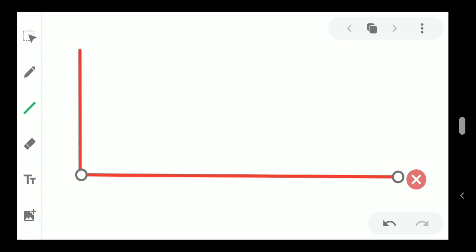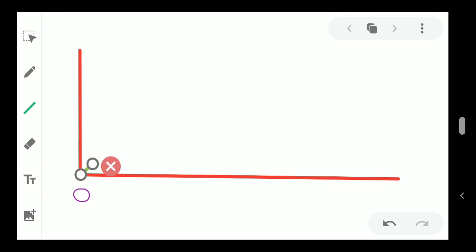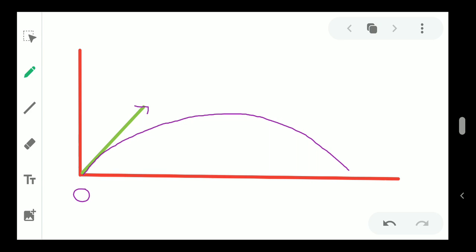Let us imagine that from the position O, I am releasing a missile in this direction. My direction of throw is like this, and the missile goes like this, reaching this point and coming down at this point P.